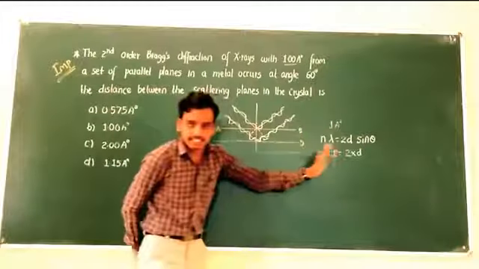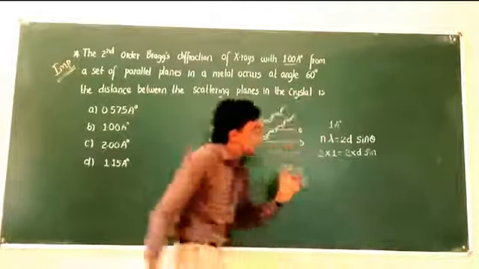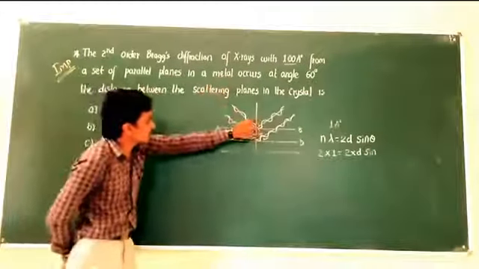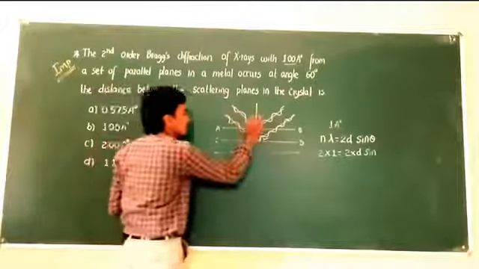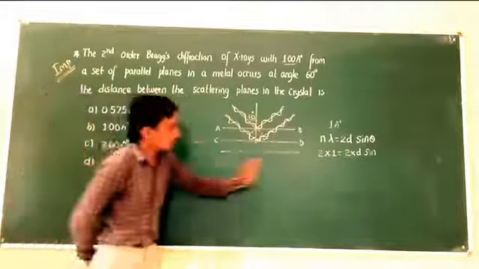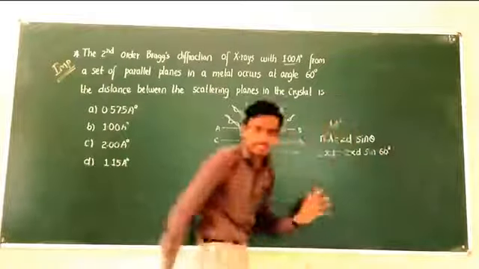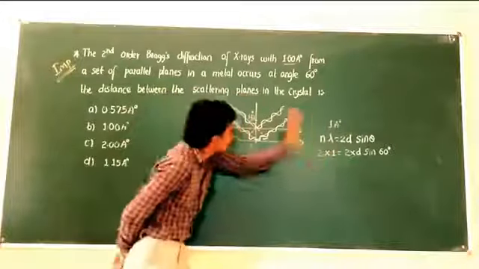Therefore, write d as it is. Next, the sine of the angle. There is a certain angle we can expect here, and that is also given to you: 60 degrees. So you can substitute sine 60 degrees. After solving this sum, you can get the correct answer.